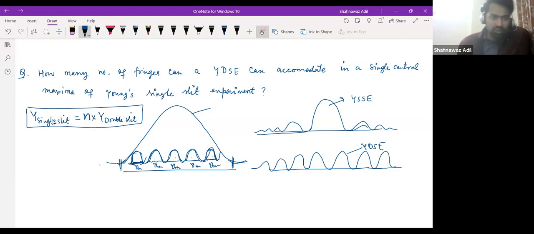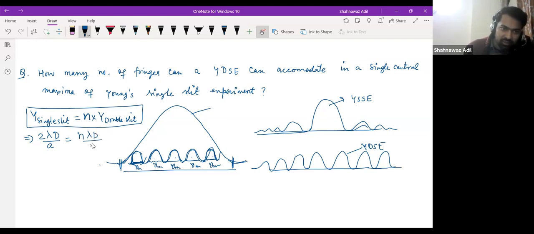Yes, sir. So we know that for single slit, the central width is 2 lambda D by a, right? This is what we have just calculated. And for double slit, the fringe width is simply lambda D by d, right? So this lambda D will cancel, and we will get n as 2d by a.